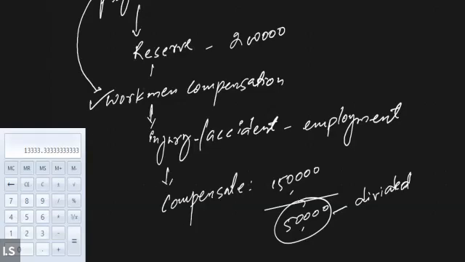In such a situation, the entire amount will be divided among the partners. If such liability arises, then the amount we have given to the employee as compensation will be subtracted from the reserve, and the remaining amount will be divided among the partners in their profit sharing ratio.